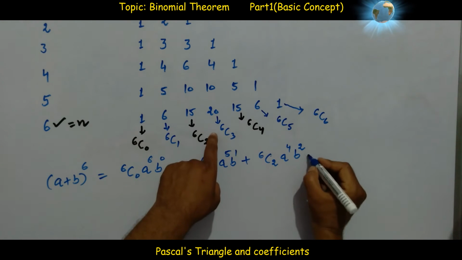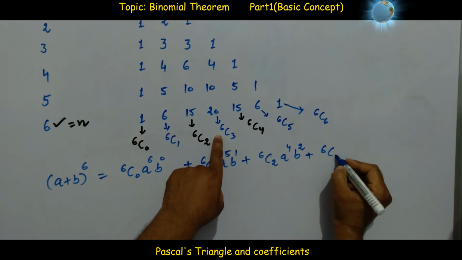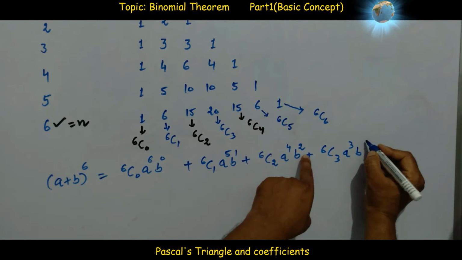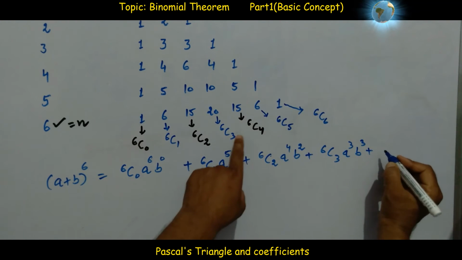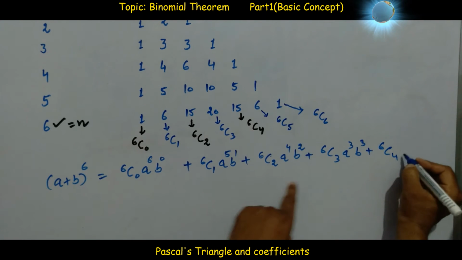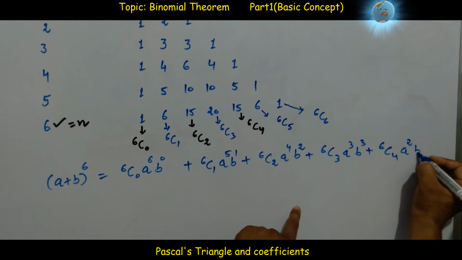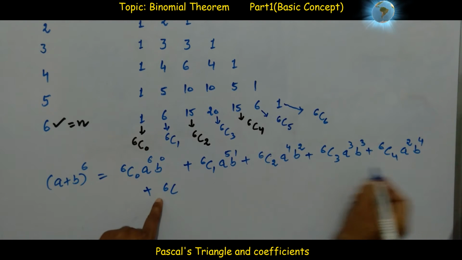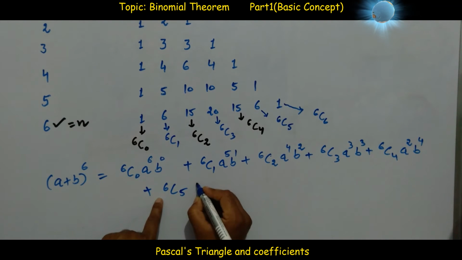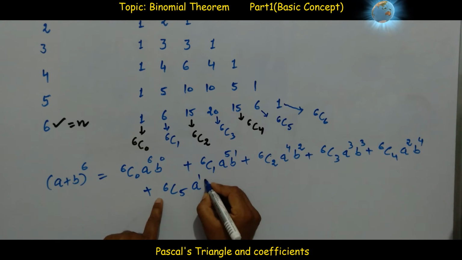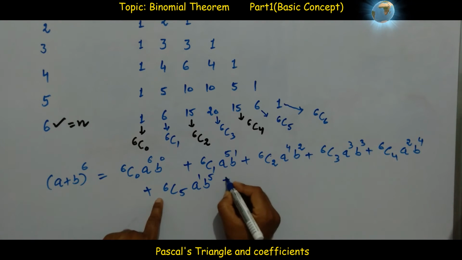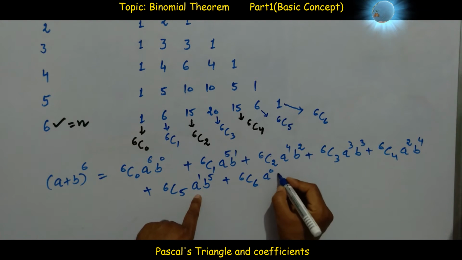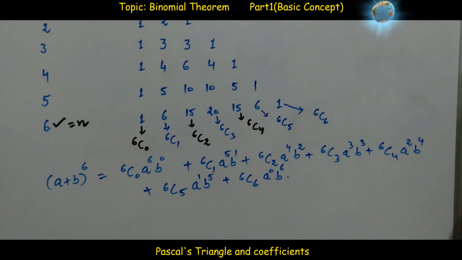Next is plus 6c3 a raised to power 3 b raised to power 3. Next is plus 6c4 a power 2 b raised to power 4. Next is 6c after 4, this is 5, a power 1 b power 5. Last is 6c6 a power 0 b raised to power 6, this way.